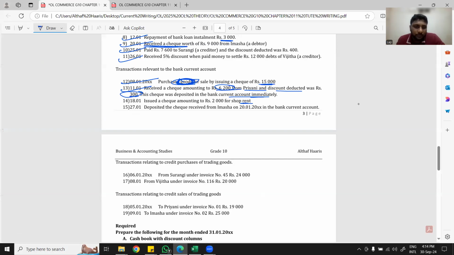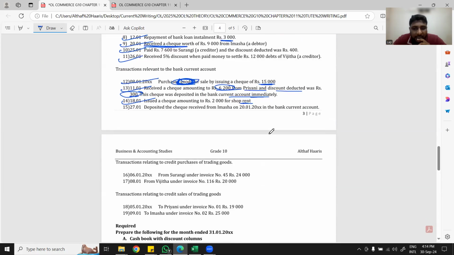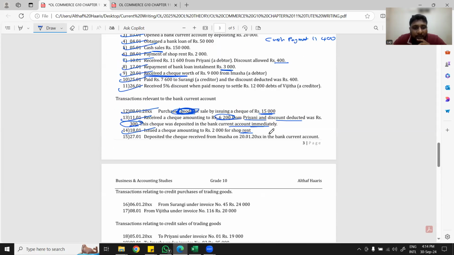Next up. There is a problem. Deposited the check received from Imasha. We will cut that transaction, just cut it off, because we balanced the cash account.